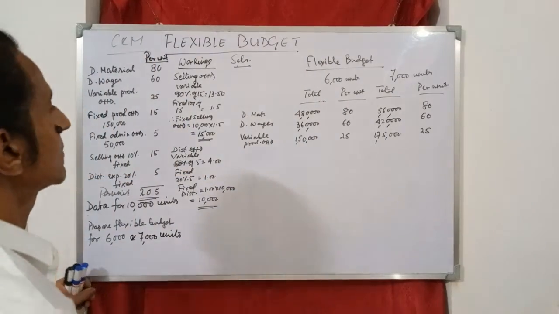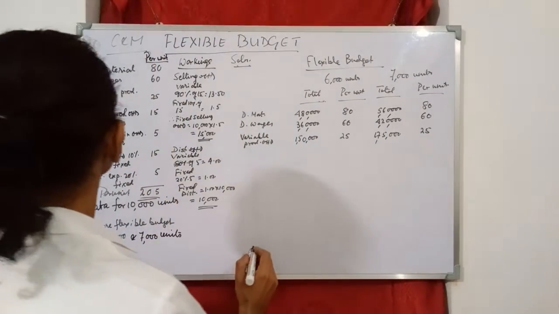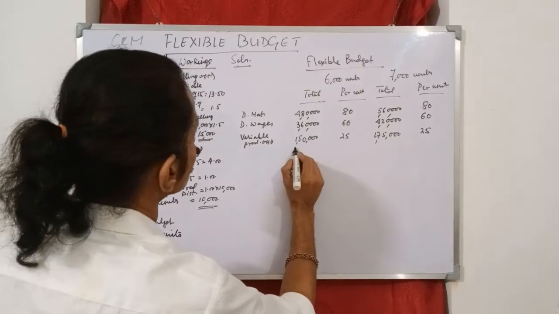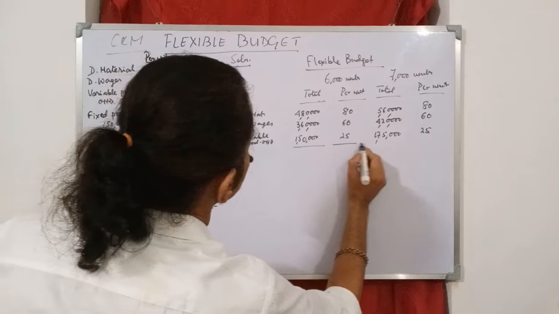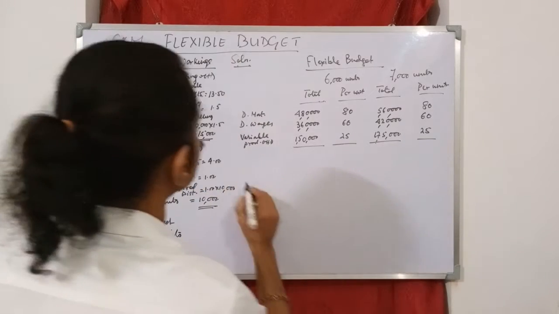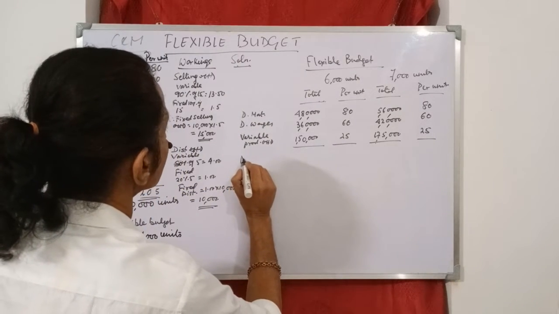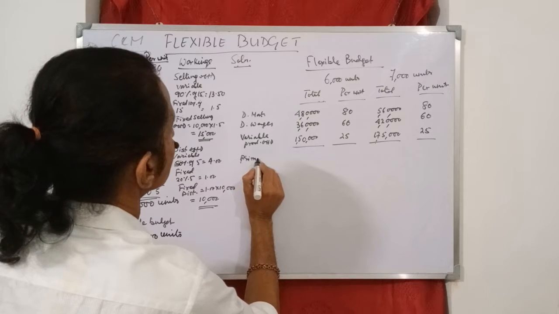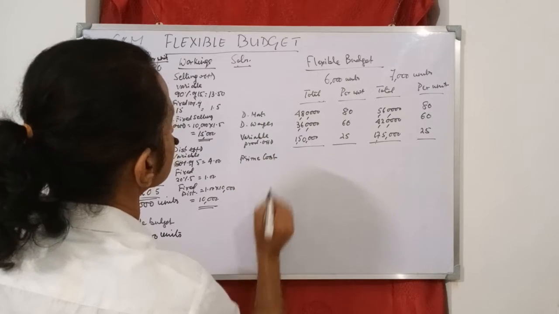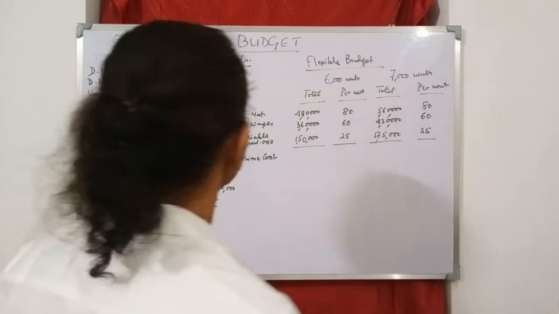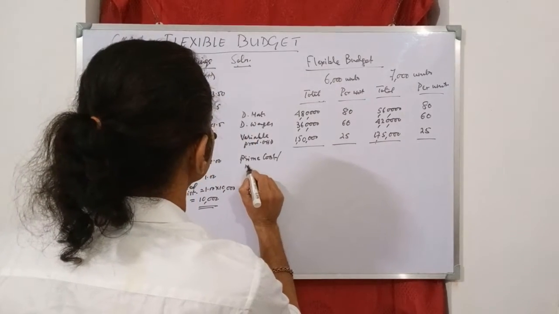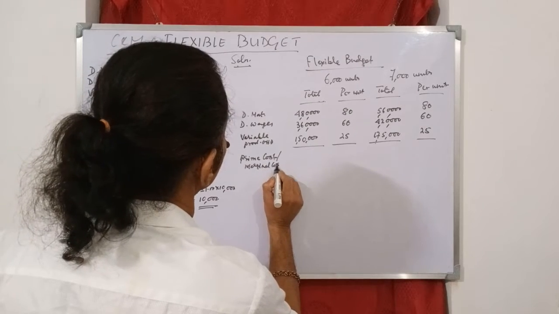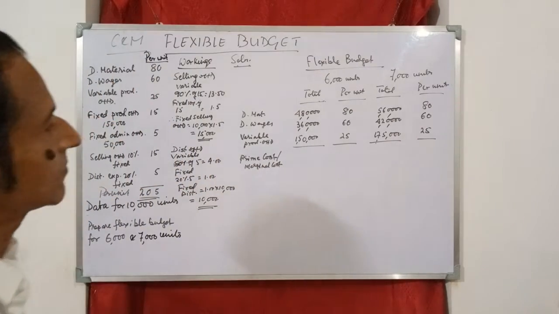Okay. So this gives us what? This gives us prime cost, or you can write marginal cost, right?